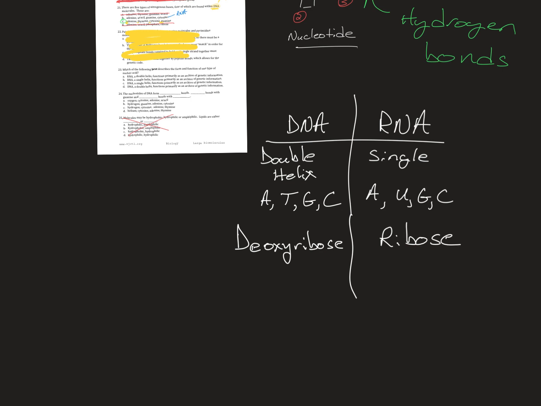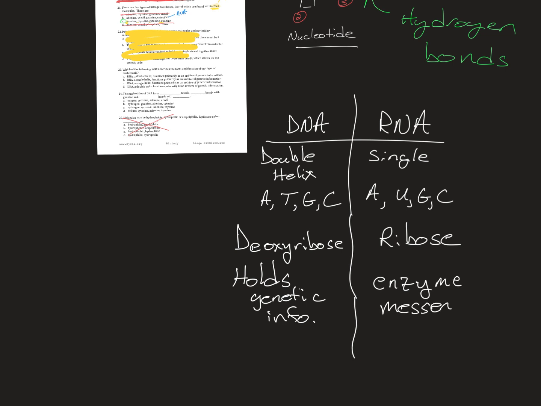We know DNA holds the genetic information. We know that RNA acts as an enzyme. RNA acts as a messenger. And it also carries amino acids.